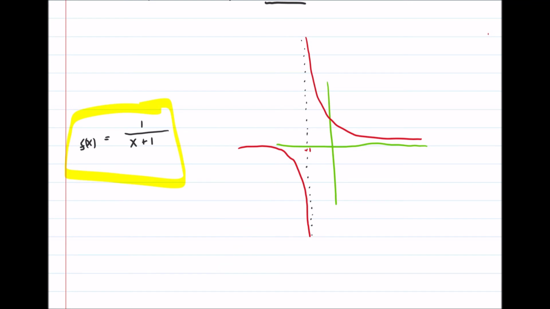Notice I put numbers. This is -1, by the way. So let's say I put -4 in, and I get this point. -3, and I get this point. -2, and I get this point. If I put -1 in, let's see what happens.